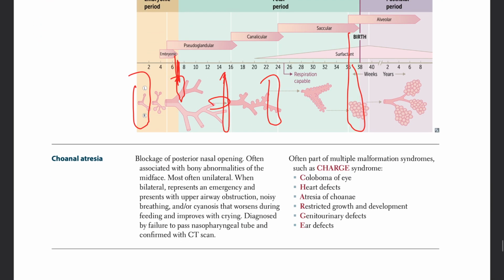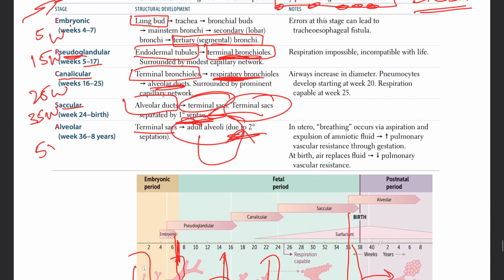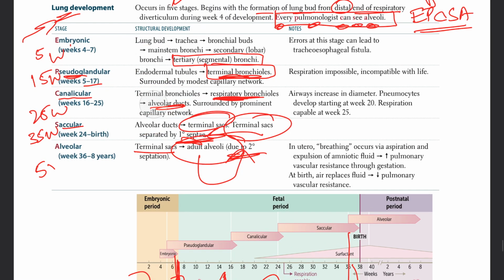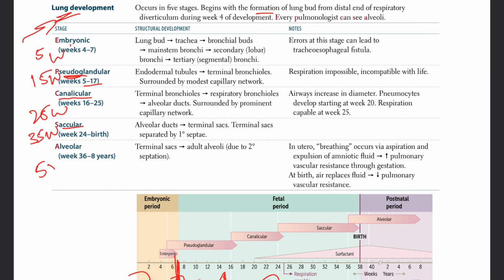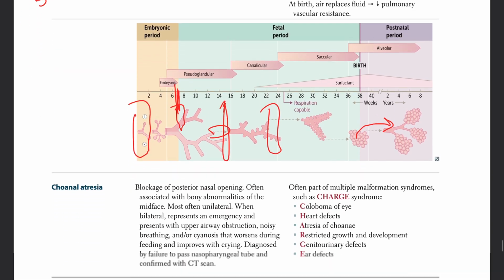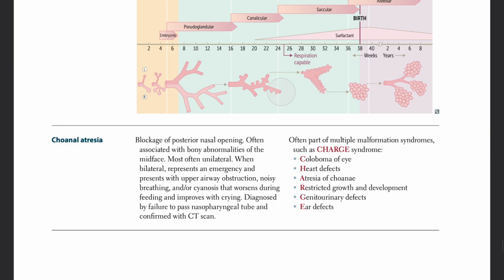Those primary ones are going to divide into more secondary ones. But the important thing in the first one is that you just know this mnemonic and the 5-week thing. Everything else is just read-up material.